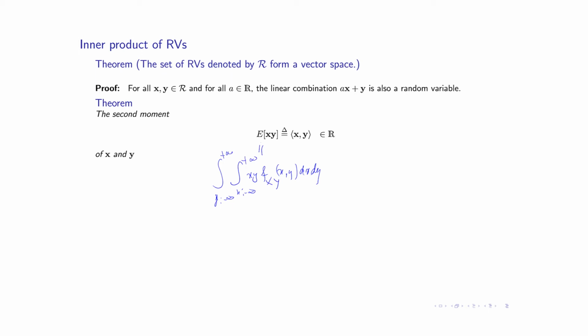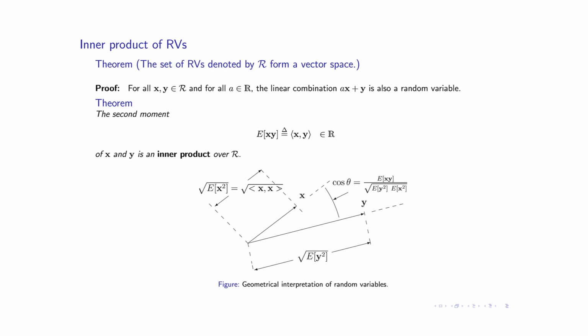If we define the inner product to be just equal to this moment, we will see that the space of random variables has a dot product. This gives lots of interesting mathematical properties.